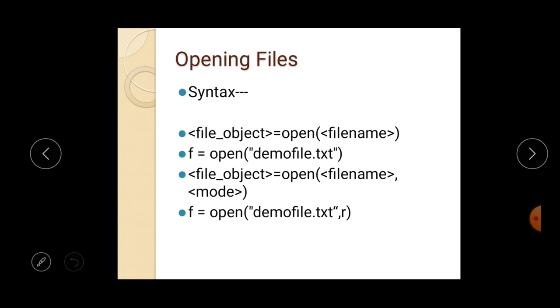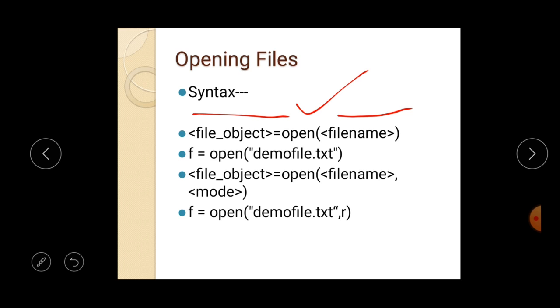Now the basic syntax of opening a file is file object, then open, then file name. As in various different classes we have discussed, if anything is written between the angular brackets, it means it will be replaced by the actual name.